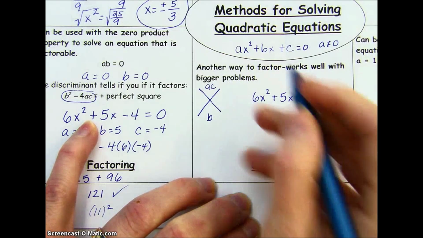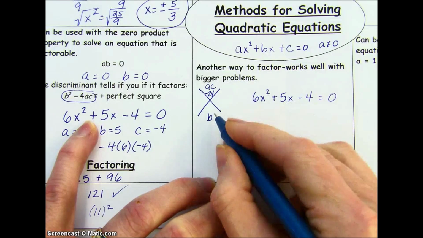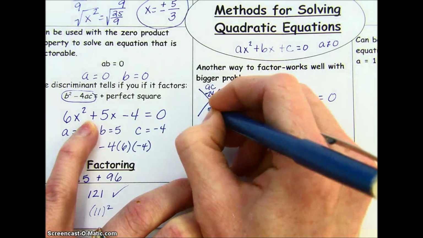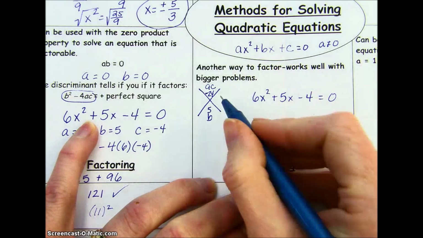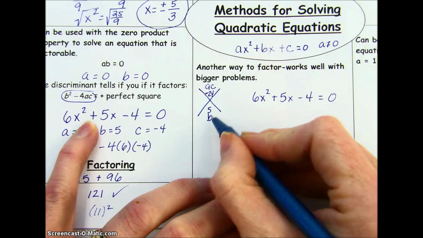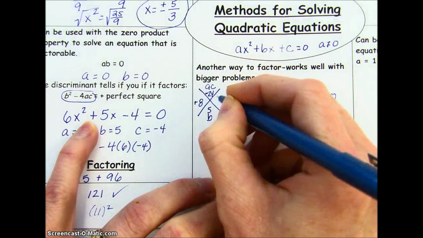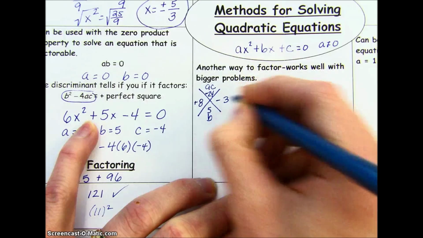So 6 times negative 4 is negative 24, and b, which sometimes I call basement, will go here. So we guess and check all of the factors of 24 that will give me positive 5. If we guess enough, we will come up with a positive 8 and a negative 3.